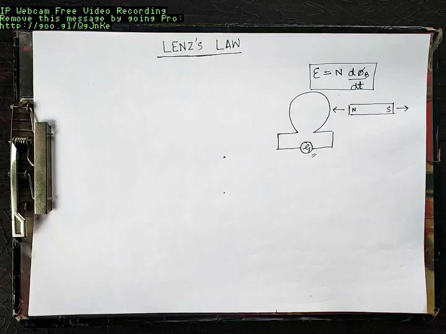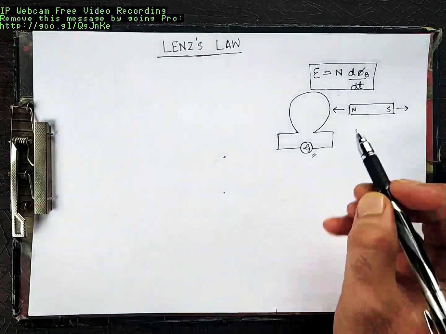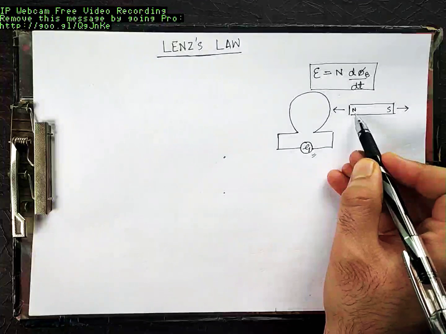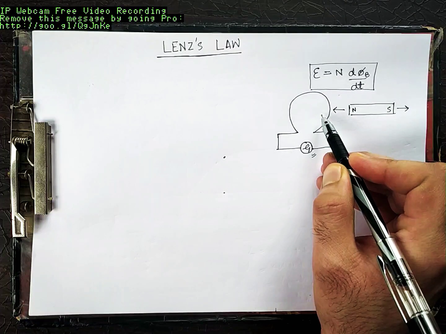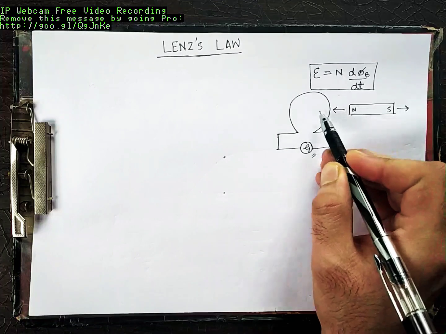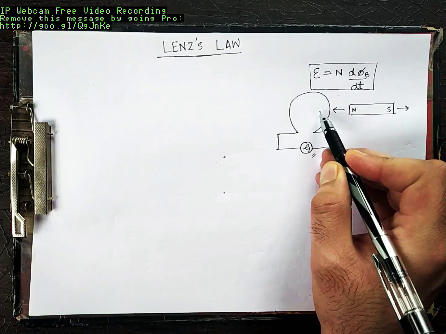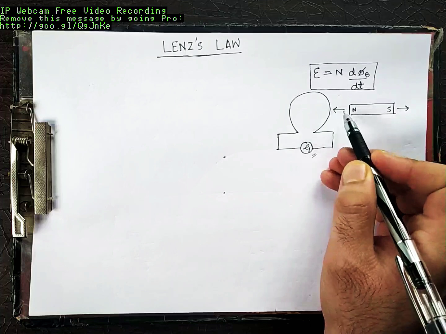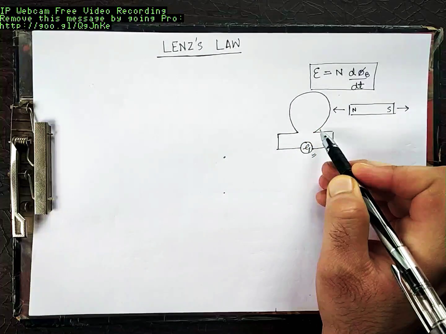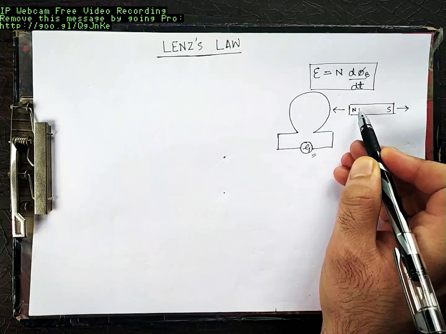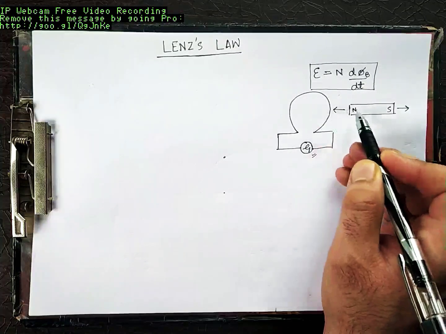Now there remains one question that's yet to be answered. If I push this north pole towards the coil, the flux, or the magnetic field lines passing through this coil, change. Why do they change? Because I am pushing the magnet towards the coil or pulling it away from the coil.